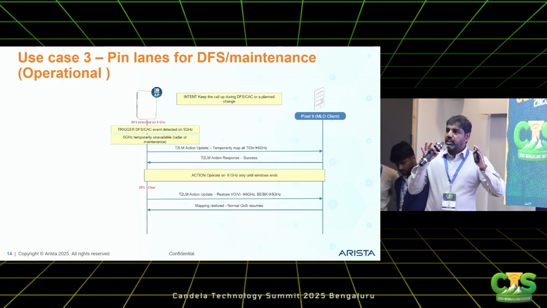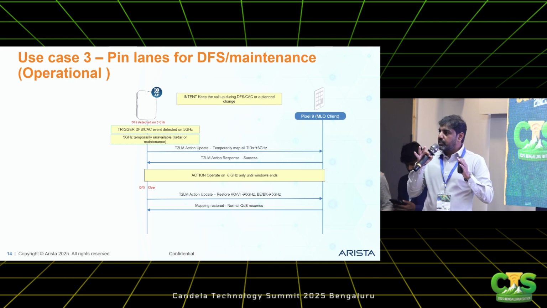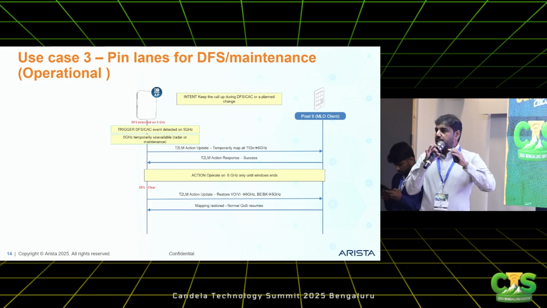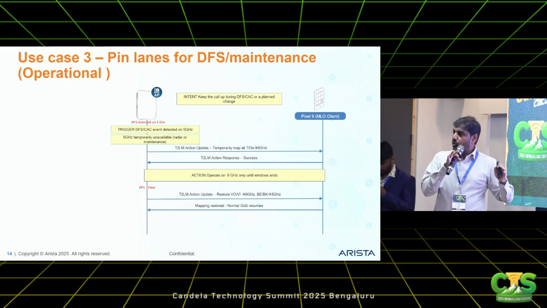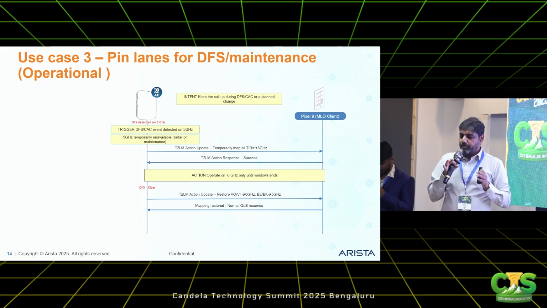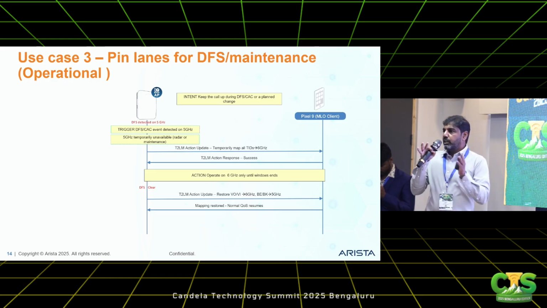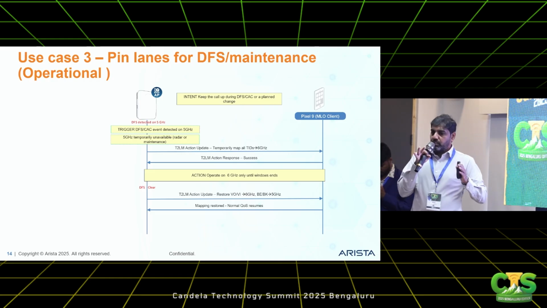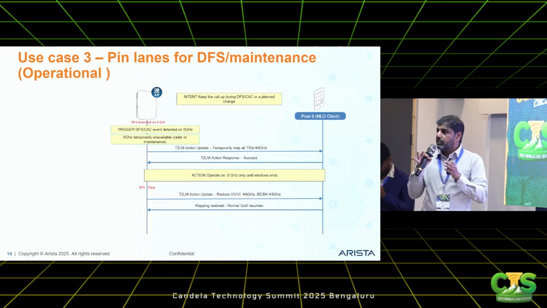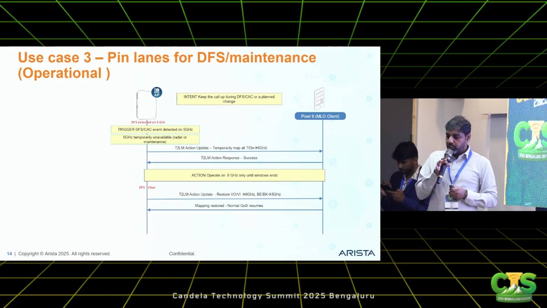And then once your DFS recovers, once the channel is clean, you move back to where it was, right? So you pin these lanes, and you can think of it as a maintenance phase. You temporarily move everything to a cleaner channel and then you bring it back. So all these operations could be dynamically operated.